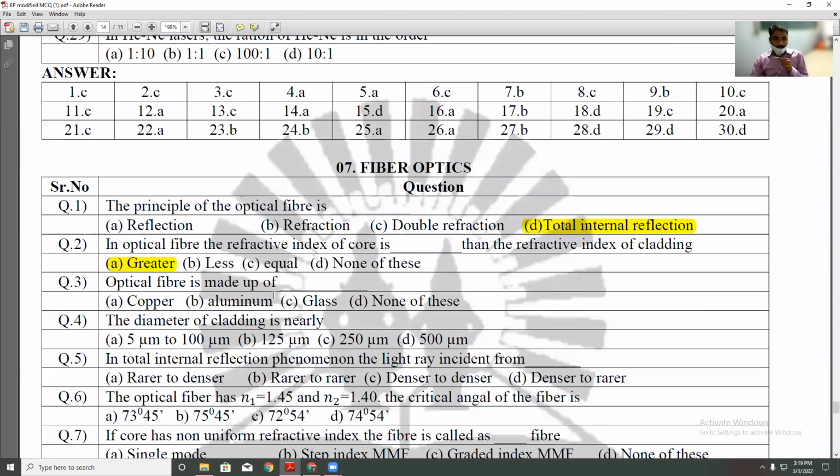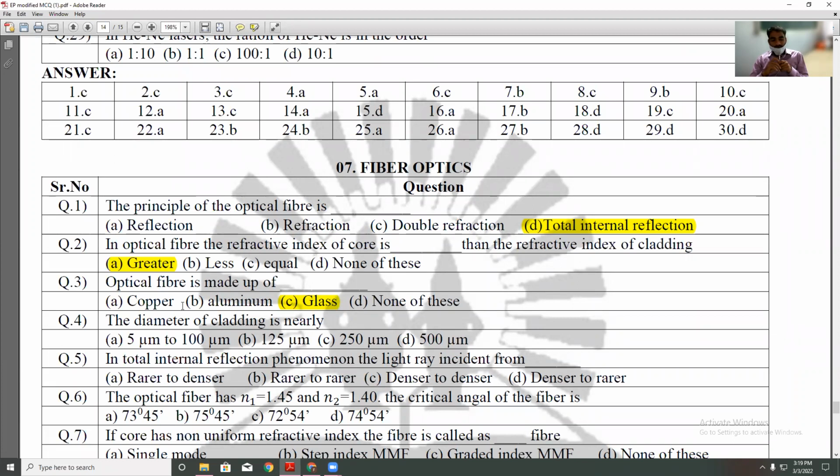The optical fiber is made up of copper, aluminum, glass, or none of these. Glass. Good. The diameter of cladding is nearly 5 micrometer to 100 micrometer, 125 micrometer, 250 micrometer, or 500 micrometer.